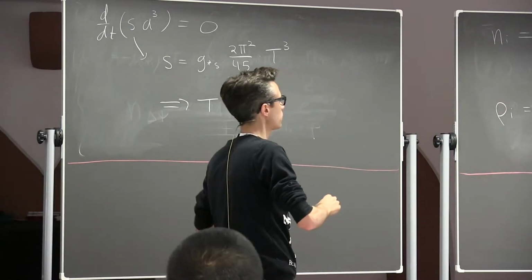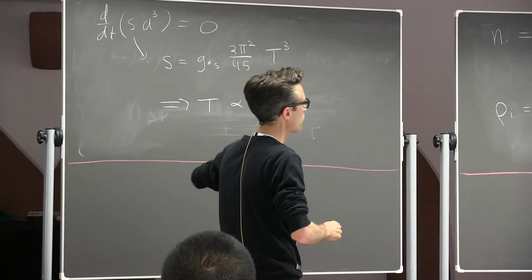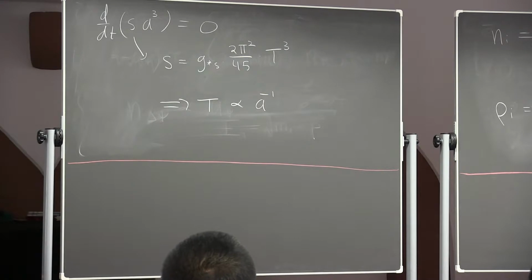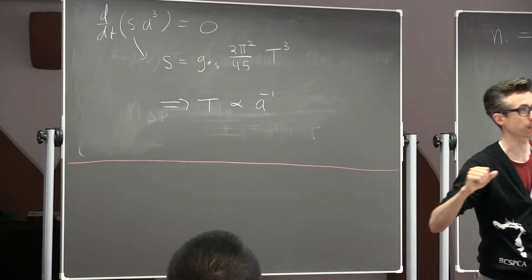So we have our Hubble relation, we have our entropy density, and this describes the state of the universe when it's in equilibrium. So in equilibrium, I have all these nice distribution functions. I compute number densities and energy densities, and if I have chemical potentials, I can compute asymmetries.